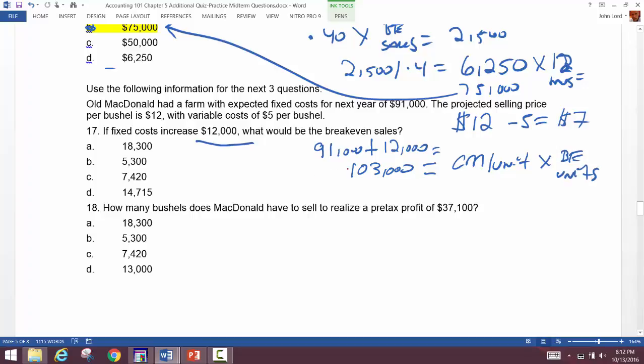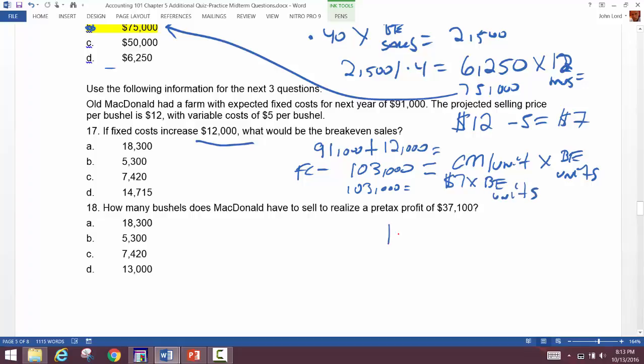Has to equal my fixed cost, which there's my fixed cost right there. So 103,000 is supposed to equal $7 times my break-even units, which I don't know what that is. That's what the problem wants me to figure out, right?